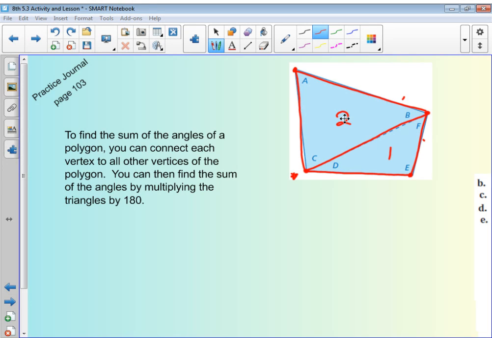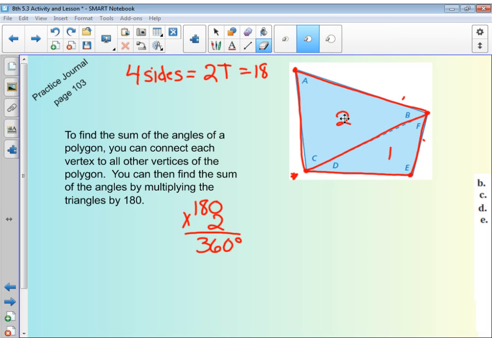So if I wanted to find the sum of the angle measures of that polygon, the A, B, F, E, C, D angles, they have to equal 180 for each triangle times 2, which gives me 360 degrees. So if I have 4 sides, that gives me 2 triangles, which equal 360 degrees.